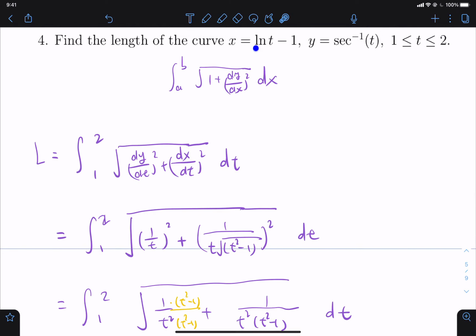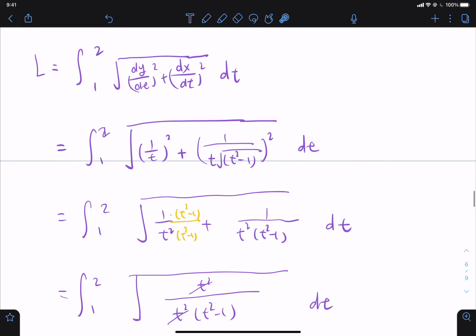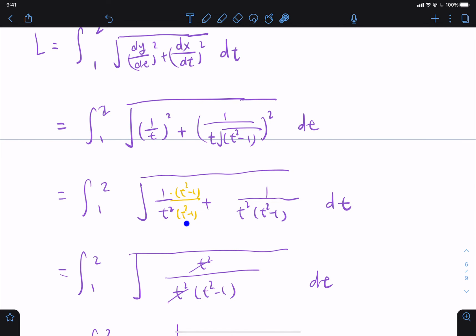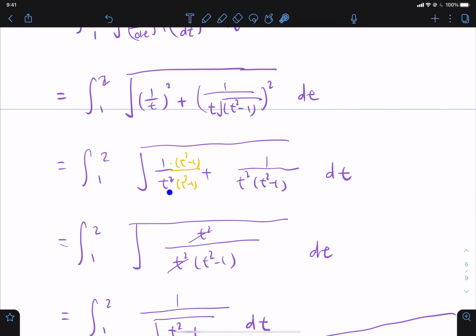The derivative of x is 1 over t, and take the square. This one is complicated, but we've done that in the first tutorial, I think. And then just take the square of this one, that is t times square root of t squared minus 1. Okay, and then you square both and combine the fraction. So we need to find the common denominator. So I multiply this t minus 1 on the top and in the bottom to this fraction, so they have the same common denominator.